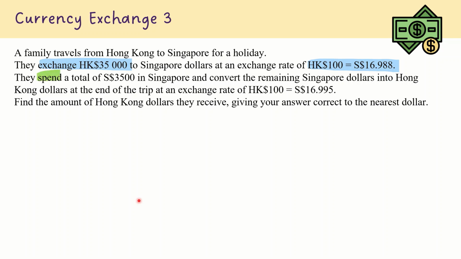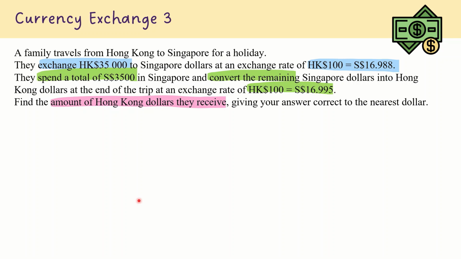They then spent a total of 3,500 Singapore dollars in Singapore and converted the remaining into Hong Kong dollars at the end of the trip with an exchange rate of 100 Hong Kong dollars to 16.995 Singapore dollars. We want to find the amount of Hong Kong dollars they receive, giving your answer correct to the nearest dollar.